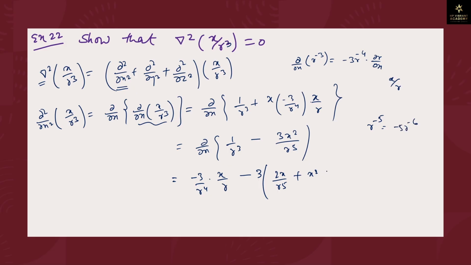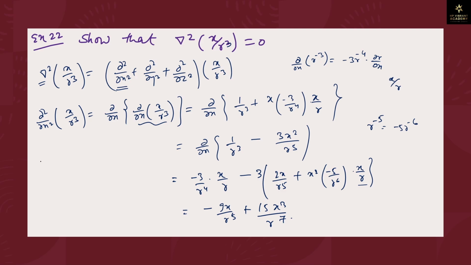So this is minus 5 upon r to the power 6 into del r upon del x, which is x upon r. Let us further simplify this. On expanding, this is equal to minus 3x upon r to the power 5, and from here we have minus 6x upon r to the power 5. So this is equal to minus 9x upon r to the power 5 plus, 5 times 3 is 15, 15x cube upon r to the power 6 times r, so r to the power of 7.